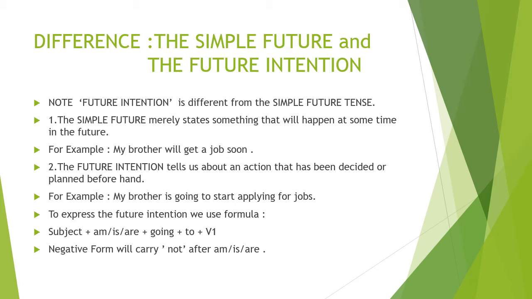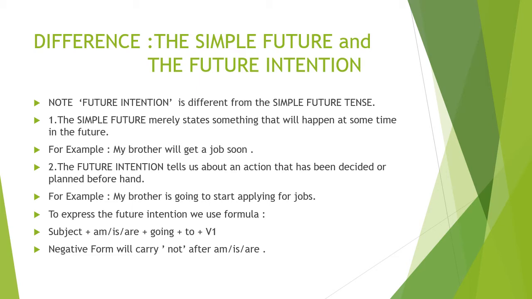Are will be taken by the second person you and all the plural subjects. Plus you have to add going to. Always in future intention, going to will be added with the auxiliary verbs is, am, are. And after that the base form of the verb or first form of the verb will be added. Always keep this in your mind.